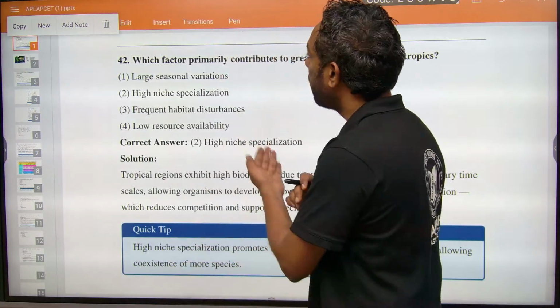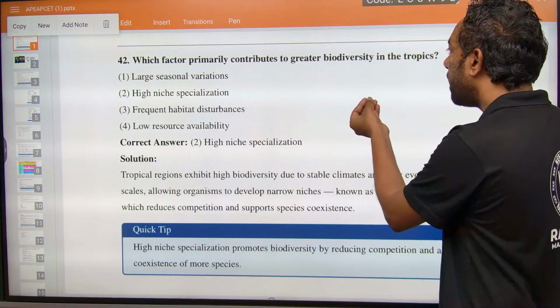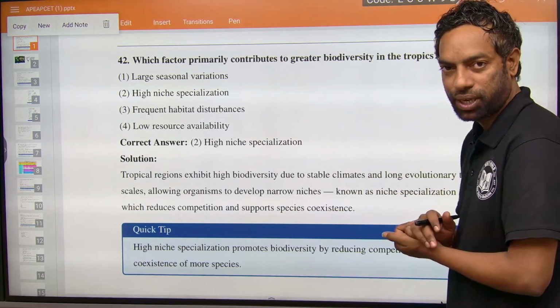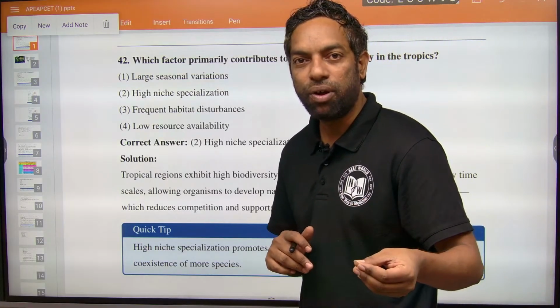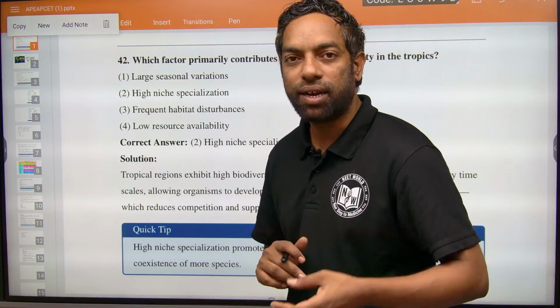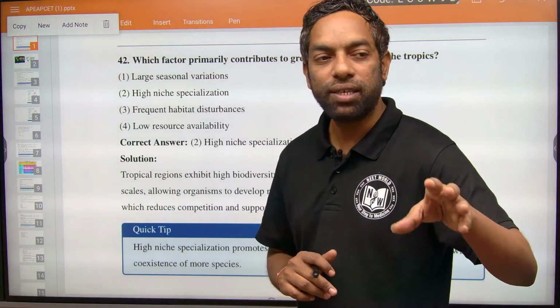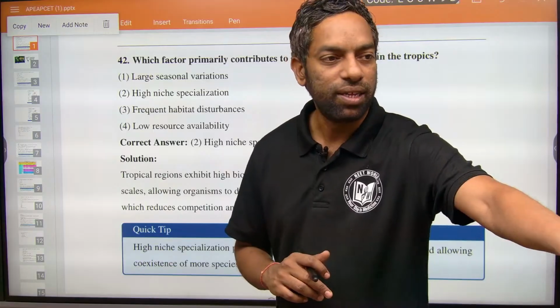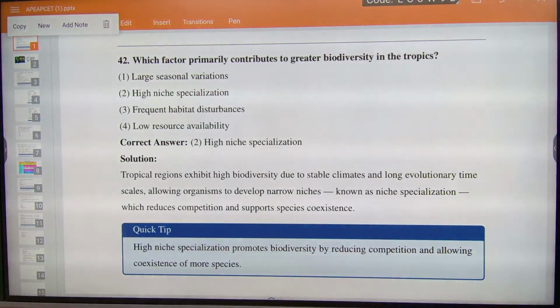Here, just look into this: which factor primarily contributes to the greater biodiversity in the tropics? What is the tropical area in the globe, what is the temperate region, what is subtropical, what is the polar region? This is important for greater biodiversity.